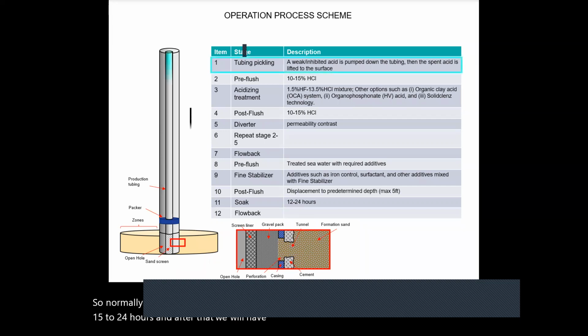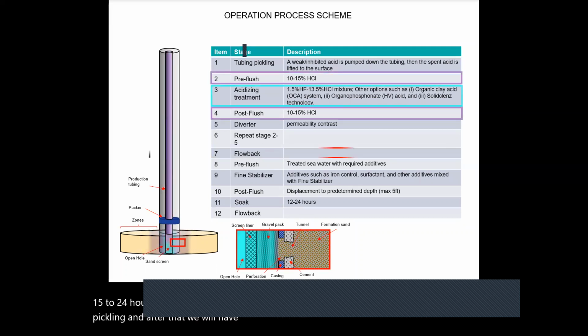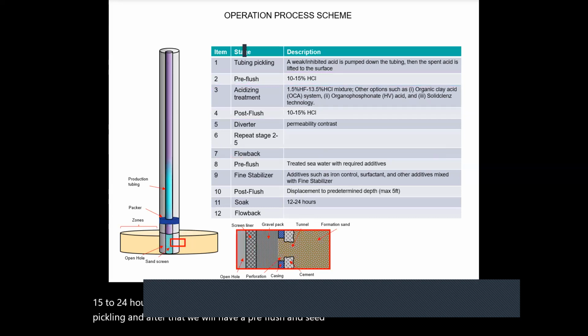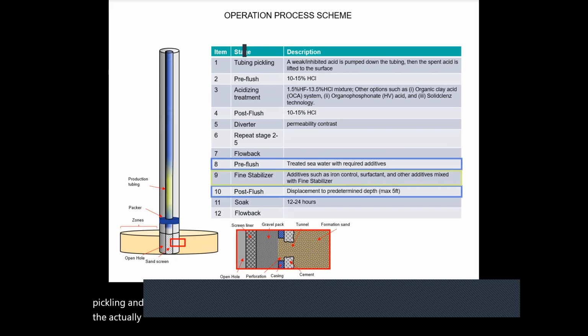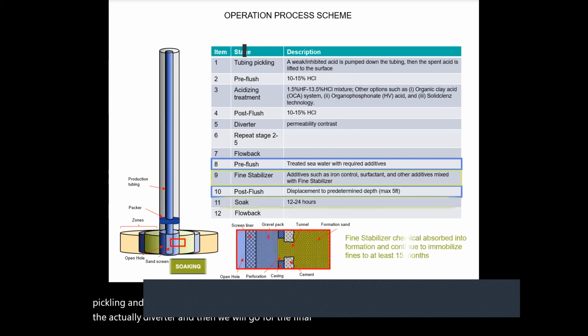So as you can see, we have tubing pickling, then a pre-flush, acidizing, post-flush, then we repeat with the diverter, and then we go for the fine stabilizer, and push it to 5 feet.